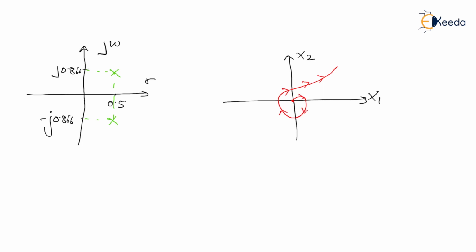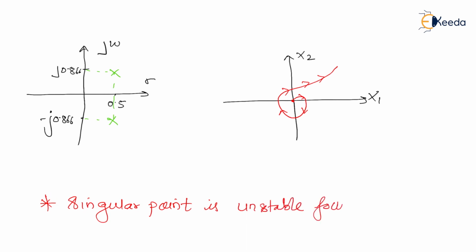So what conclusion do we draw? Since the trajectory is diverging away from the origin in the form of a spiral, the conclusion is that the singular point is an unstable focus point. So we have seen three different varieties.